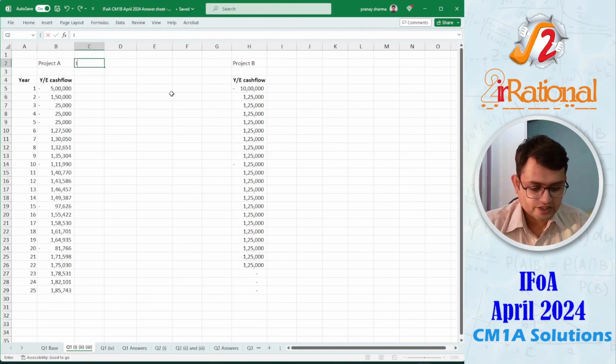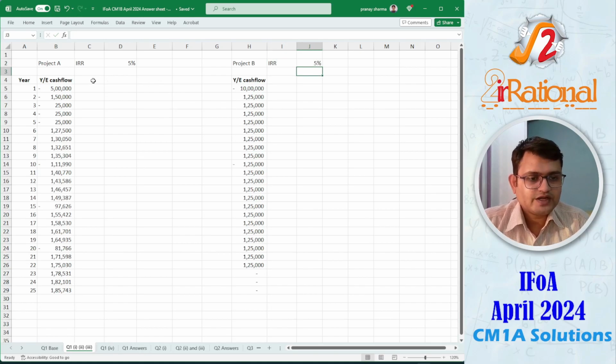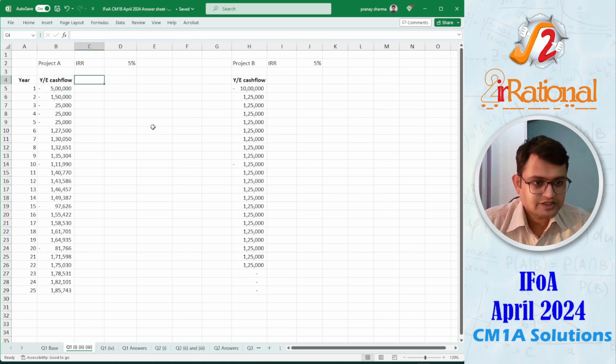So first thing, I'll assume IRR to be 5%, then I'll use goal seek to find those values for both of them. Do the same, and we can directly find the present value.